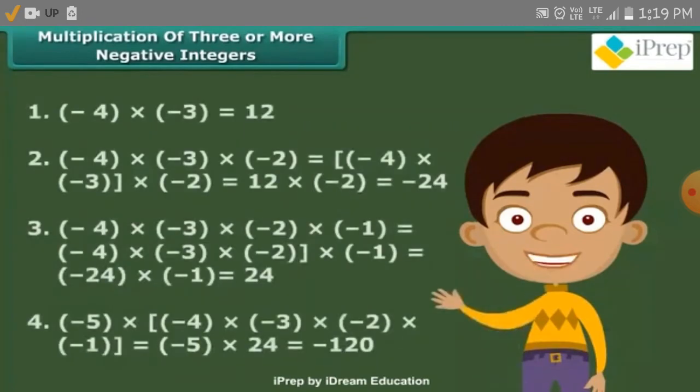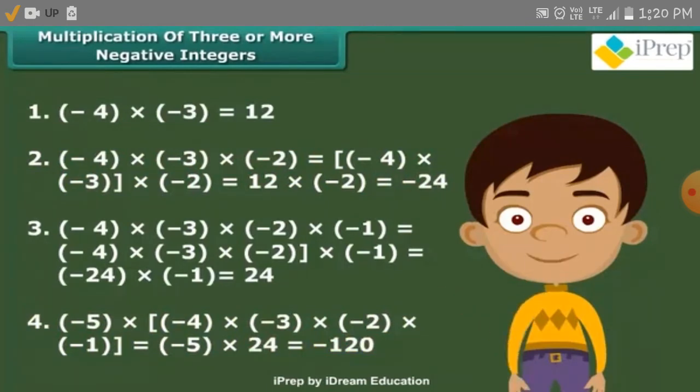We can see that in the first and third examples, the number of negative integers that are multiplied are even, 2 and 4 respectively, and the products obtained in 1 and 3 are positive integers. And the number of negative integers that are multiplied in 2 and 4 are odd, and the products obtained in 2 and 4 are negative integers.